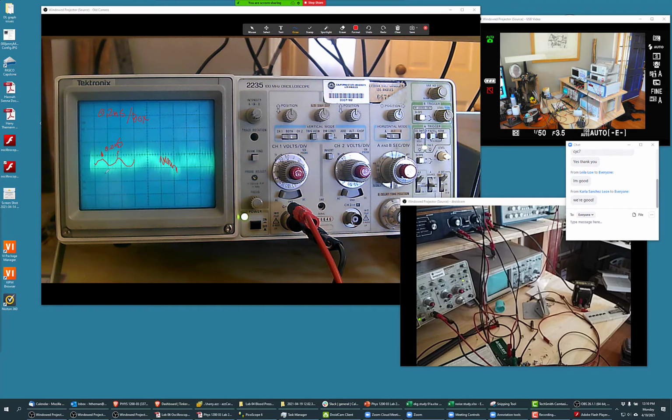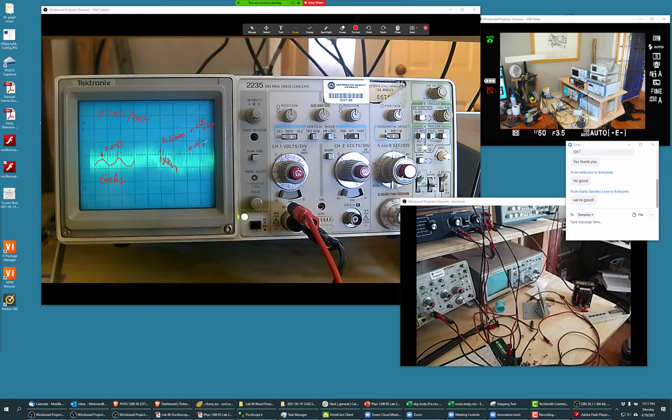So that's 500 hertz. And these little ones, maybe they're 0.2 boxes times 0.2 milliseconds per box.